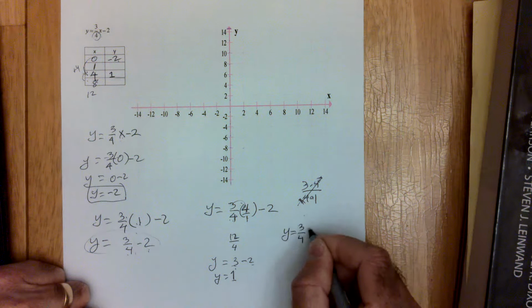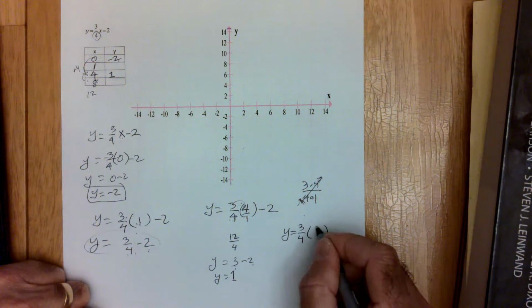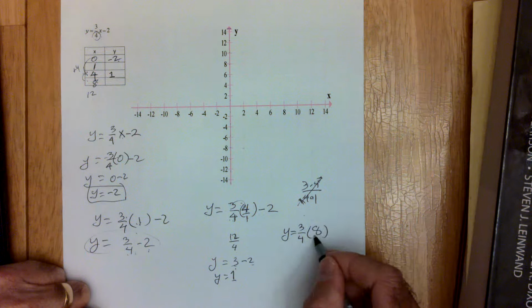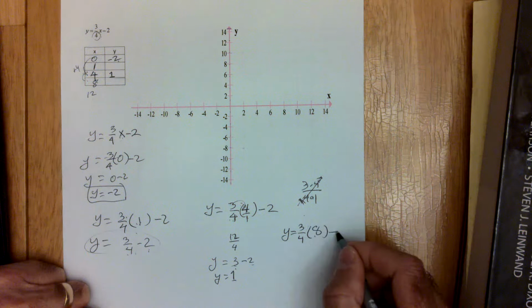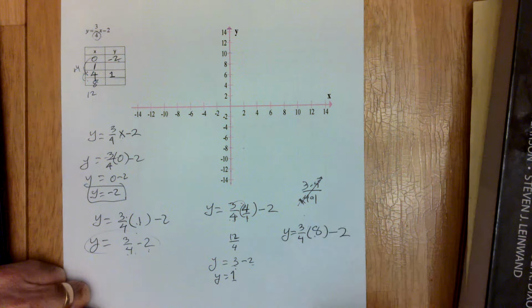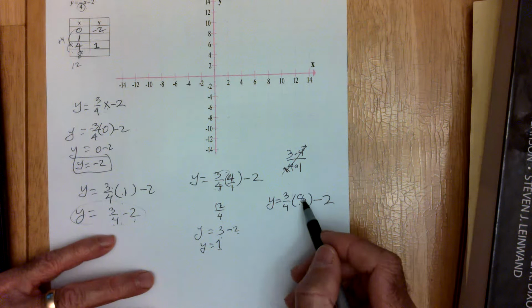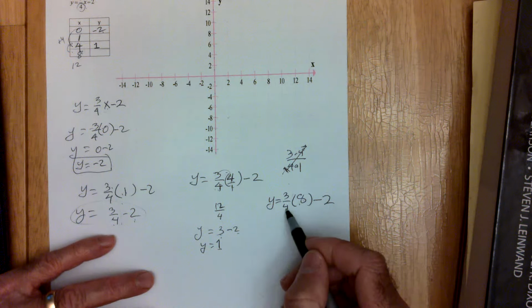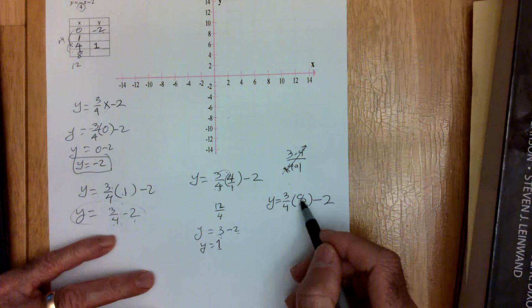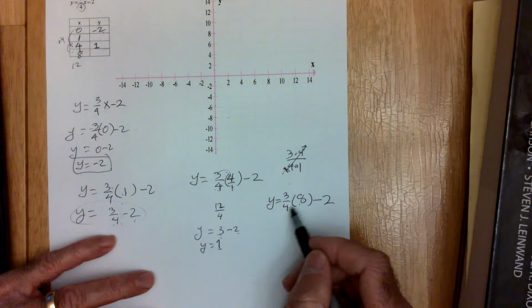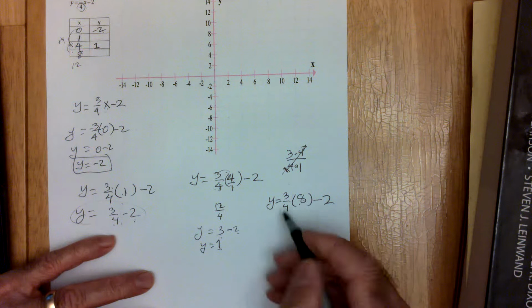So we start out with 3/4. We replace the x with 8, and it's minus 2. Now the issue here is that when we look at 8 and 4, it may not be obvious that we can do some reducing with these.